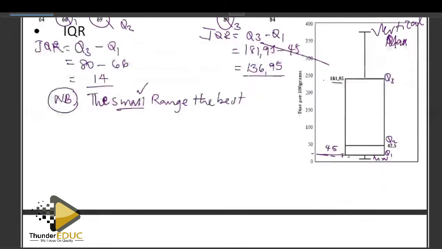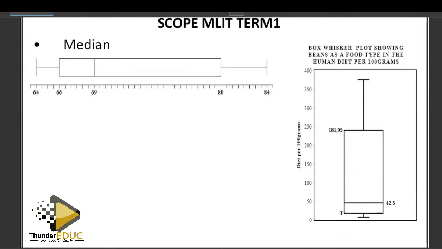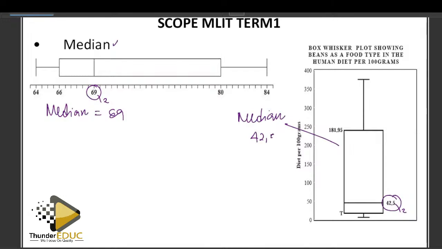Okay, we look at the next part that we have here. Here they have given us the box and whiskers, and they're asking us to determine the median. I've told you the median will always be the middle line. Please, you look for the middle line. Here, it's this one here. So in this group, you only say median equals 69. That's all. Then this other side, the median is 42.5.